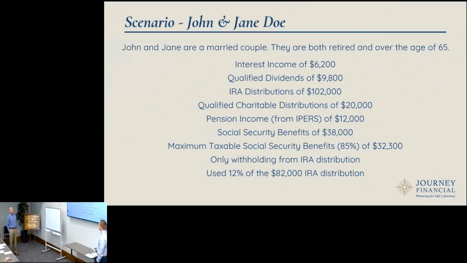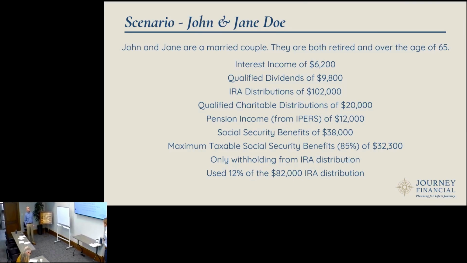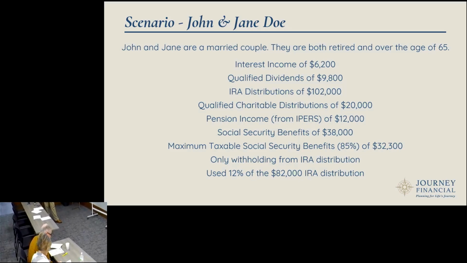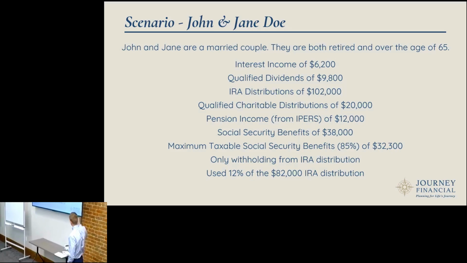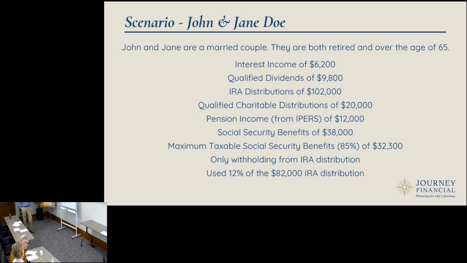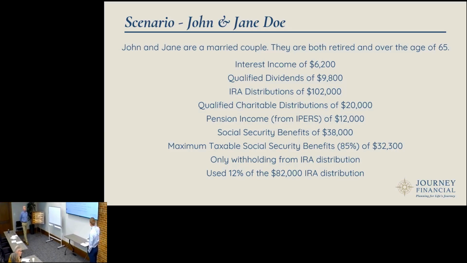So to kind of just go through the income section, we're just going to go through a little scenario with this couple, John and Jane Doe, a retired married couple, both over the age of 65. We wanted to be thorough and just lay out every type of income that might apply to a retiree. So this couple would have interest income, $6,200, qualified dividends from some stocks or ETFs or mutual funds of $9,800.